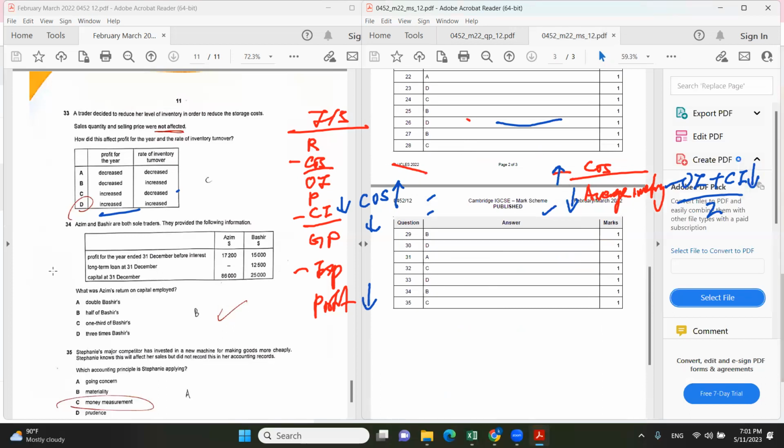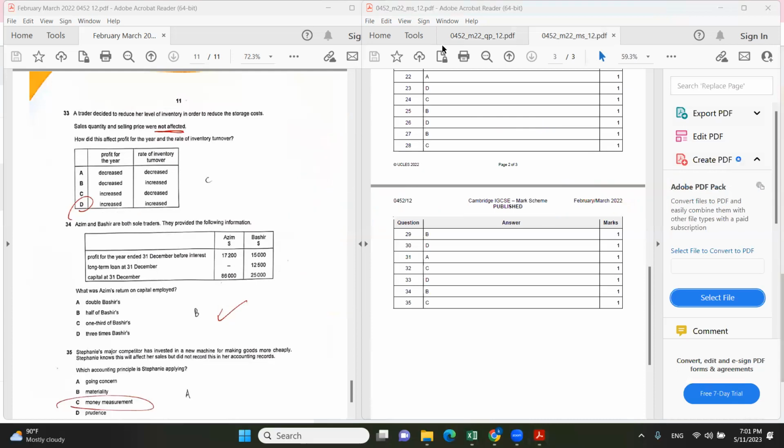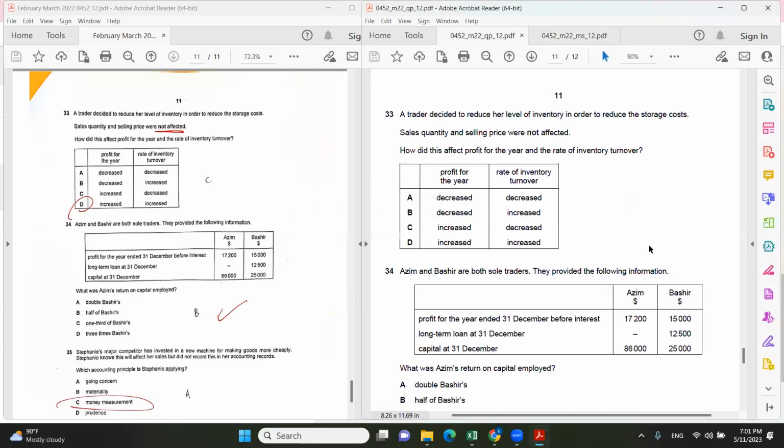Why is it D? Let me see one more time. Reduce her level of inventory in order to reduce the storage. Okay. Here. This is the information.